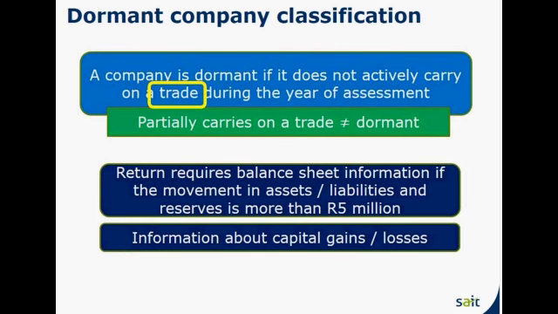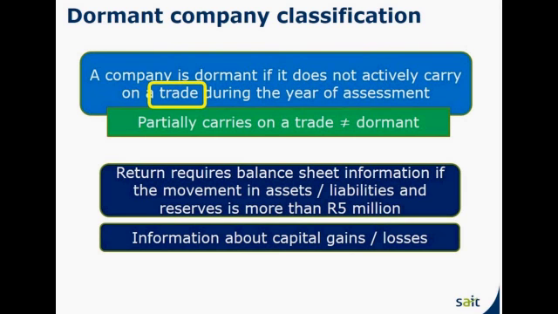Right, what is it for a company to trade? Seeing that that's what triggers a company to be classified as dormant or not, the definition of trade says it includes every profession, trade, business, employment, calling, occupation, or venture of the normal type of business activities that one would expect to constitute a trade.